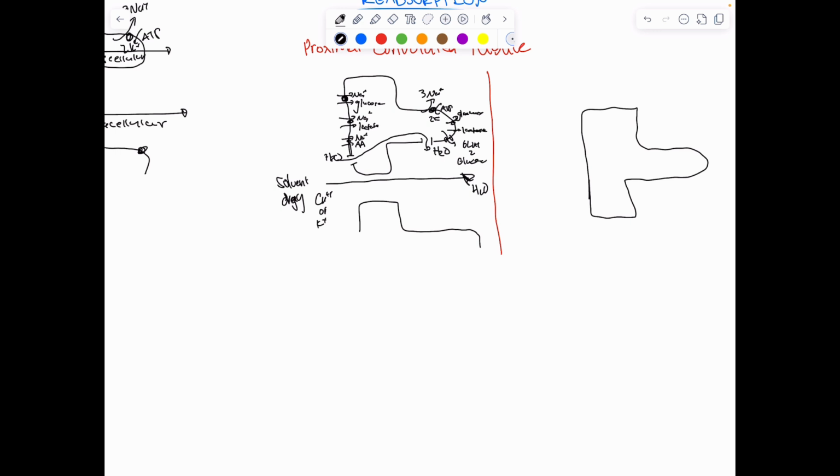And one thing I forgot to mention is this sodium with glucose. This is going to be called our SGLT pump. And so we've talked about a lot of particles and substances that get reabsorbed by the cell.